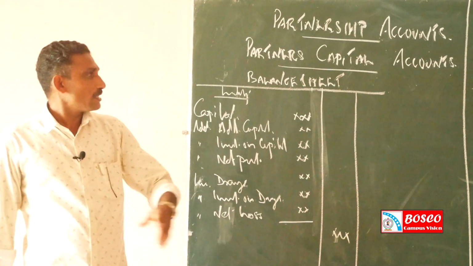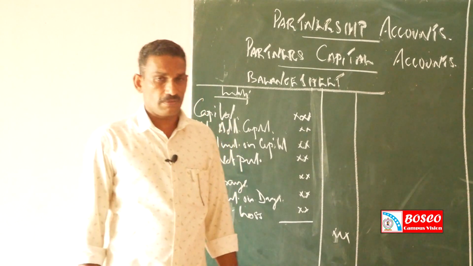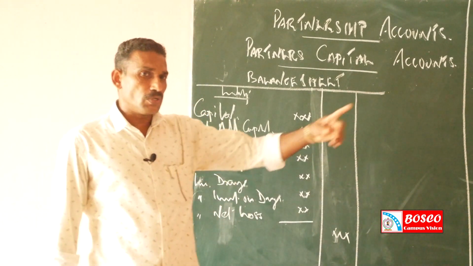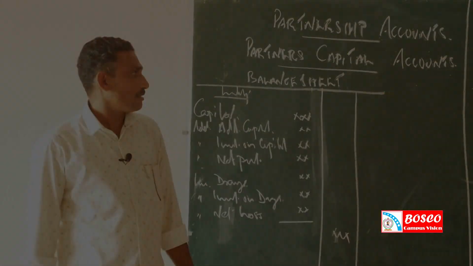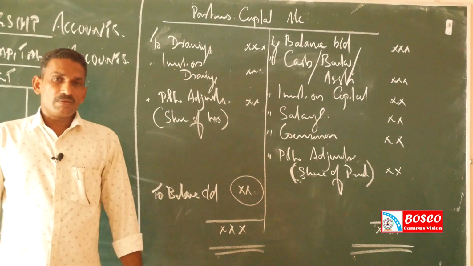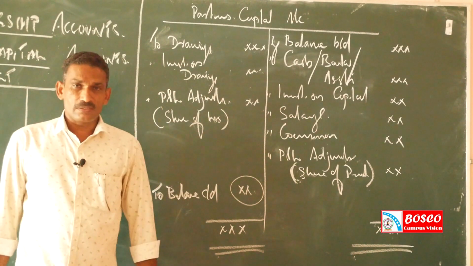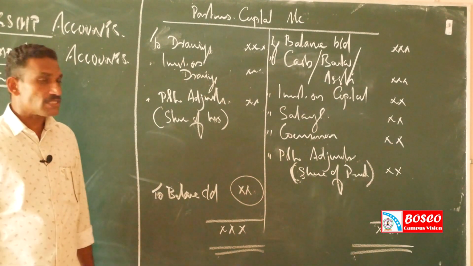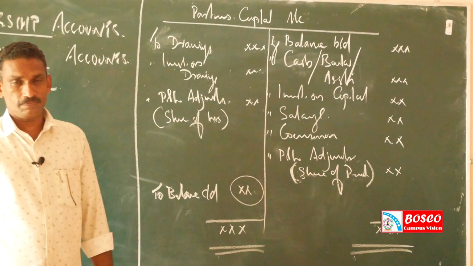So we need some separate treatment in the capital accounts. Now we are going to discuss the partner's capital. We will open a partner's capital account separately. If there are 3 or more persons, we need to prepare 3 or more partners' capital accounts.